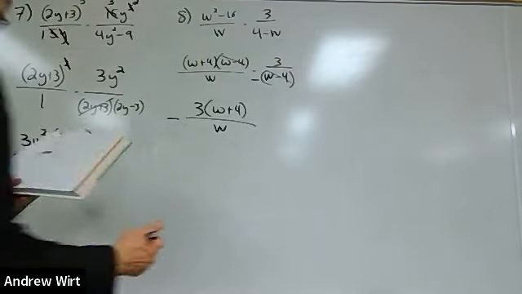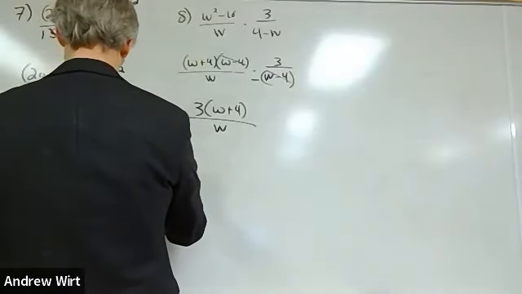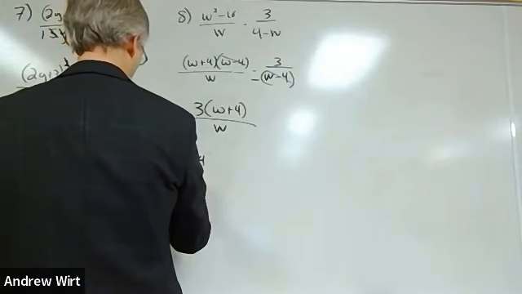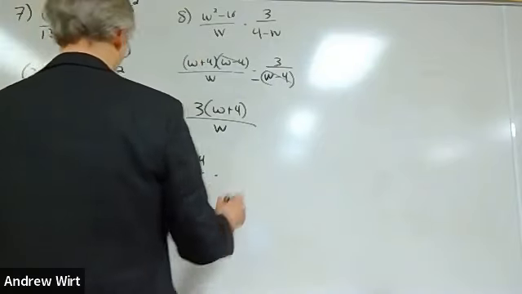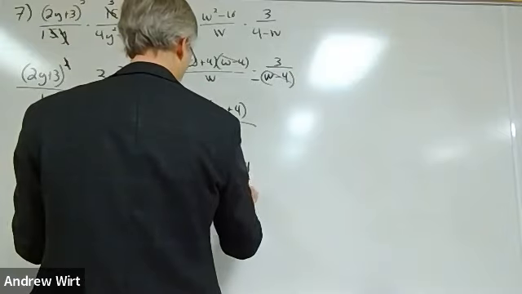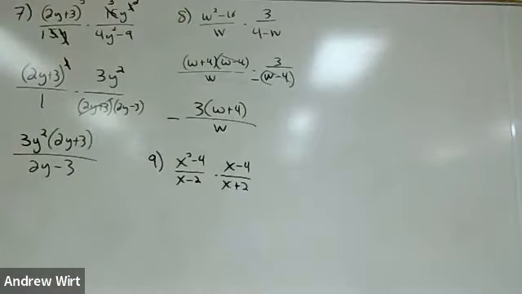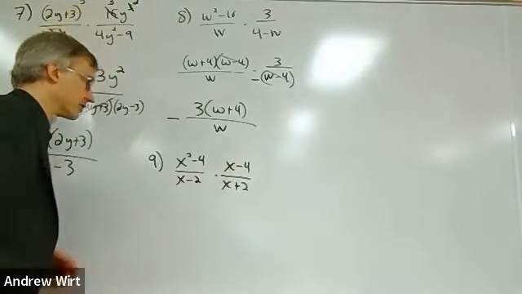Number 9, now we're moving to division. I'm going to go ahead and do the first step and change to multiplication. So we're taking that second fraction and flipping it over, changing the division to multiplication.